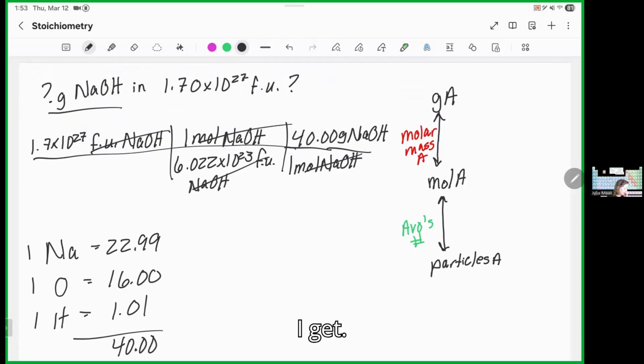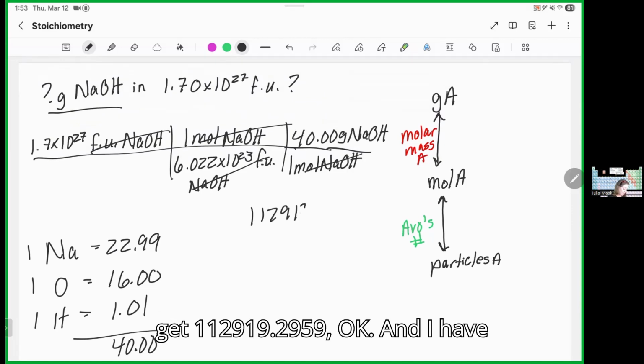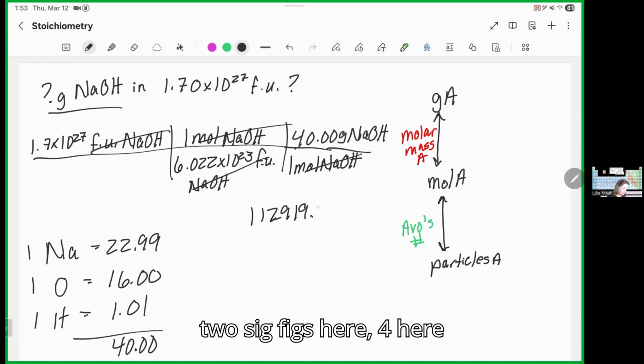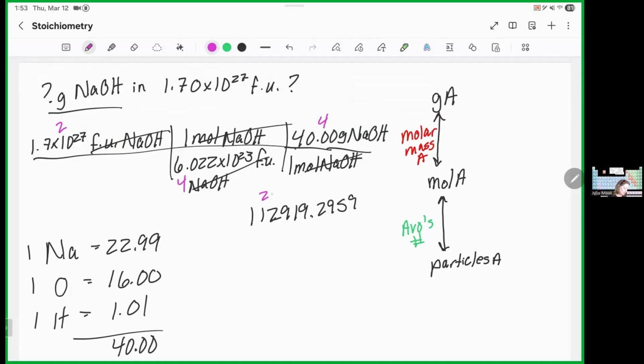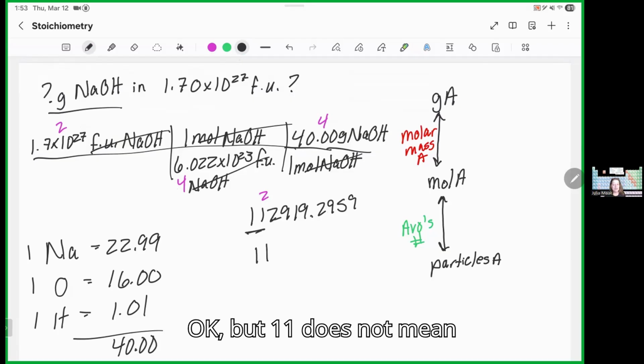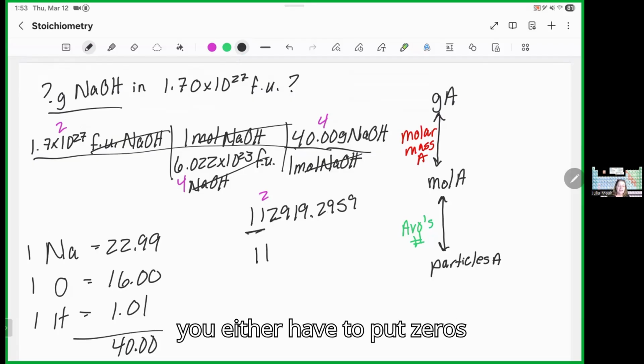And I get, yeah, that looks about right. I get 112919.2959. Okay, and I have 2 sig figs here, 4 here, and 4 here. So we're going to go with 2 in our answer. But 11 does not mean the same thing as 112,919.